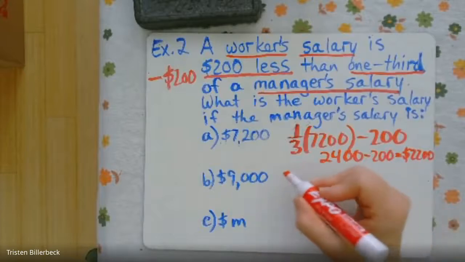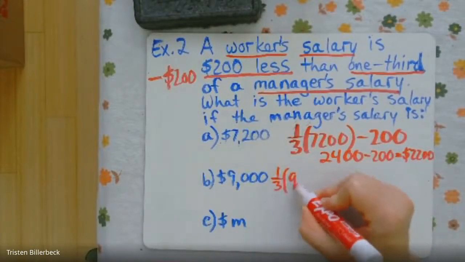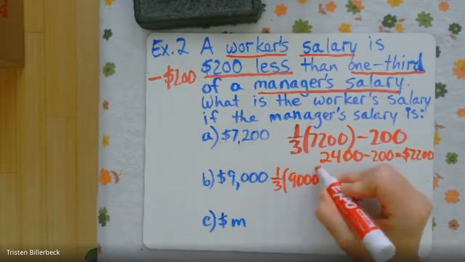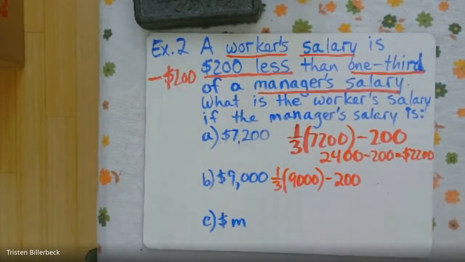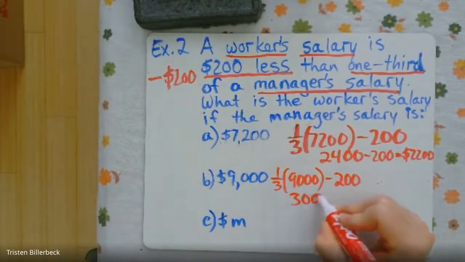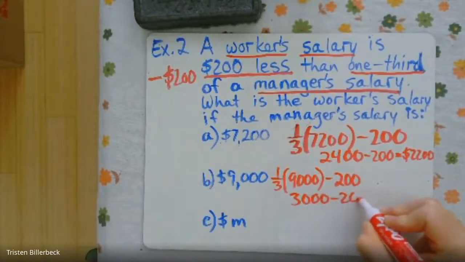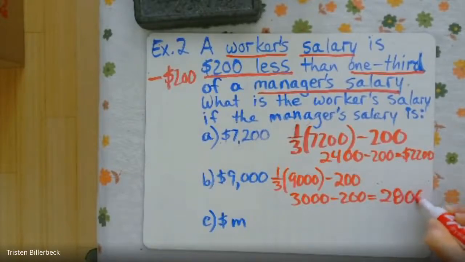And let's try 9,000. So we have 1/3 of 9,000 minus 200, because it's 200 less than 1/3 of the manager's salary. So this is 3,000 minus 200 equals $2,800.